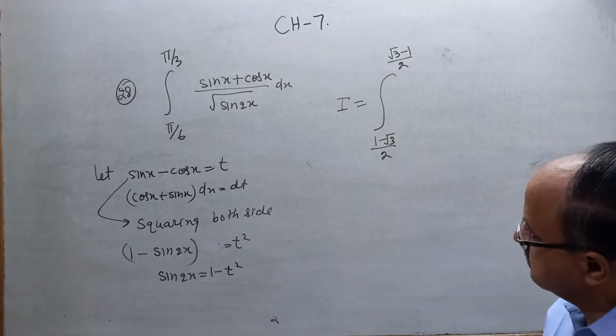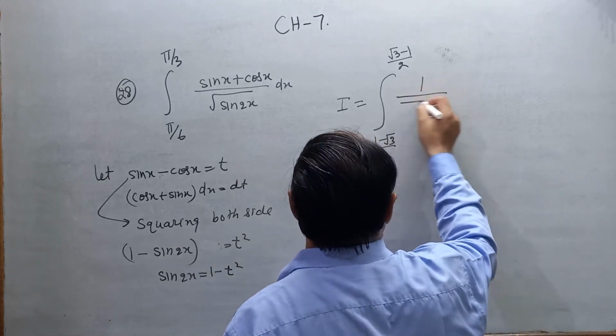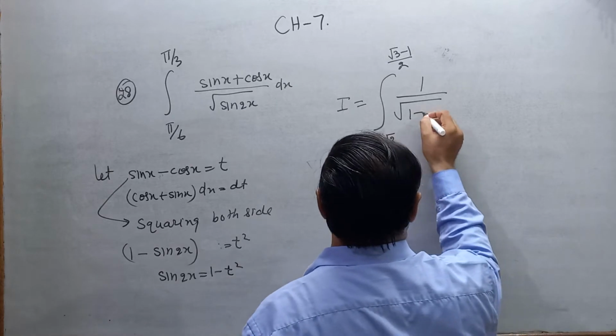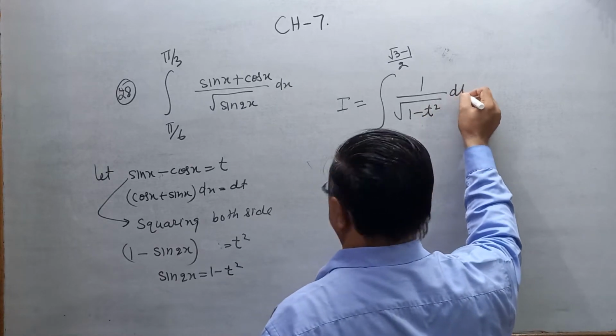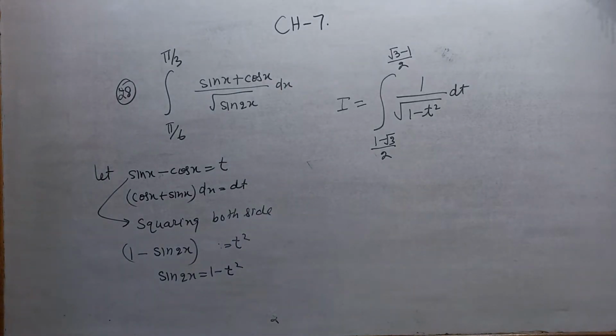Put the value of sin 2x, 1 minus t square, and in place of (sin x plus cos x) dx, you can write dt, and the limit will be changed.